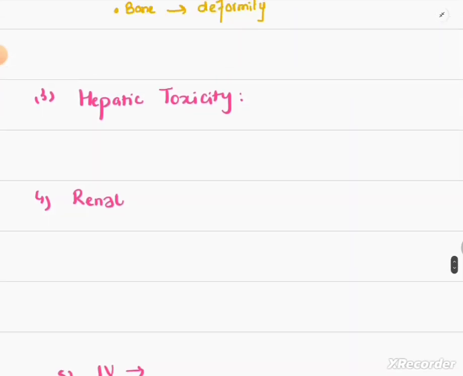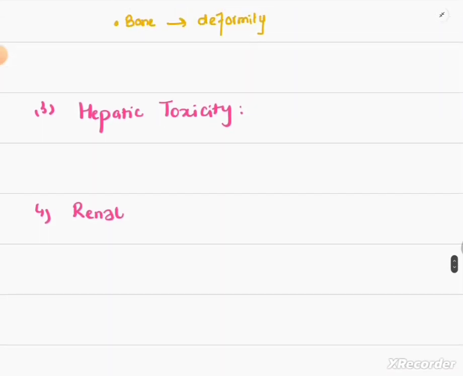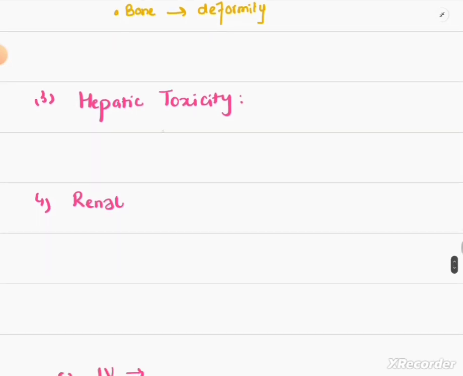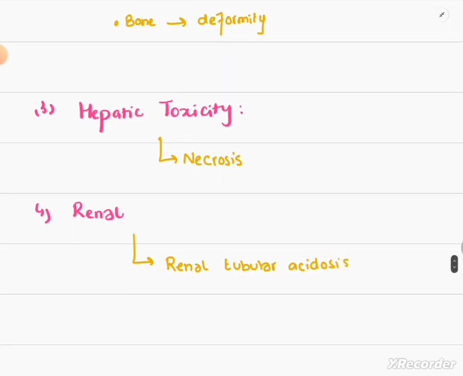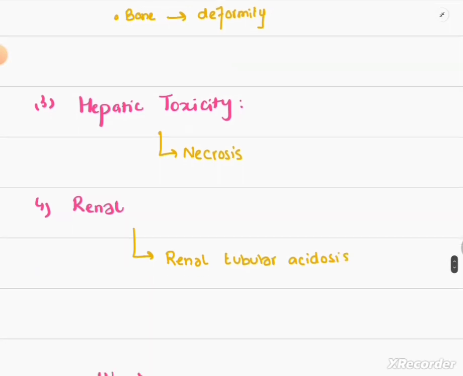Next, they have hepatotoxicity. They affect the hepatic function, and they can cause hepatic necrosis. In the kidneys, they can cause renal tubular acidosis, and all the other injuries that may result in nitrogen retention in the body.